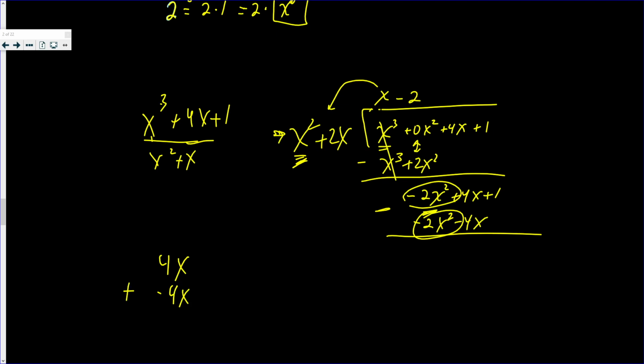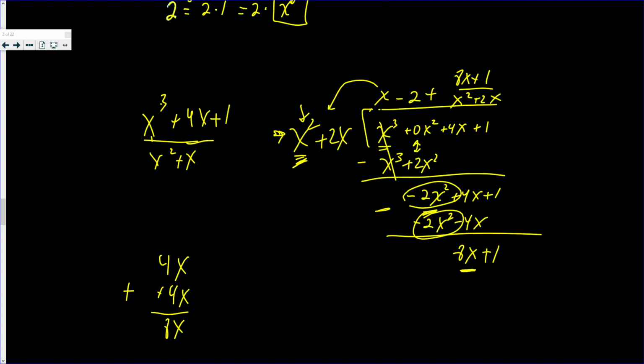You can always change subtraction to addition so long as you change the sign of the second number. So you get 8x plus 1. And since this is below a second degree, that's called the remainder. It's 8x plus 1 all over what we are dividing by.